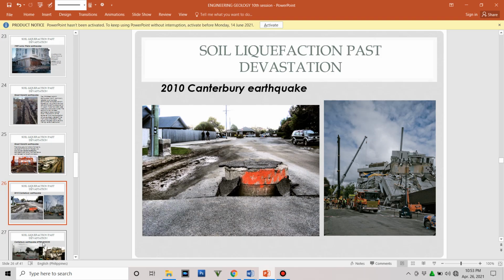So marami ring na-injured, 164 seriously injured, and the total injuries is about 1,522,000 injuries. So by Richter scale, this is 7.1 in magnitude.